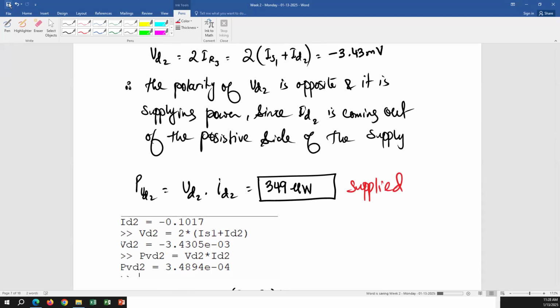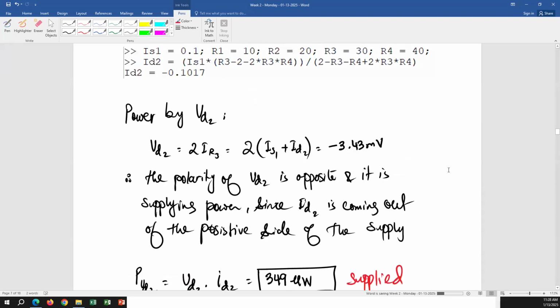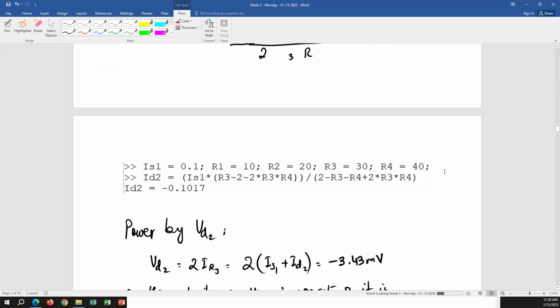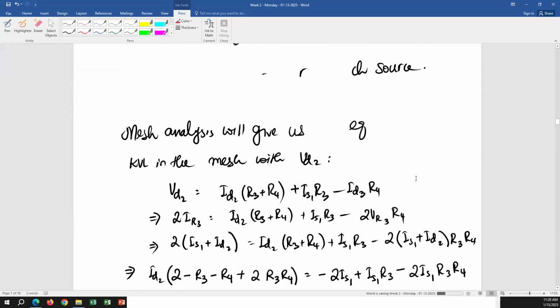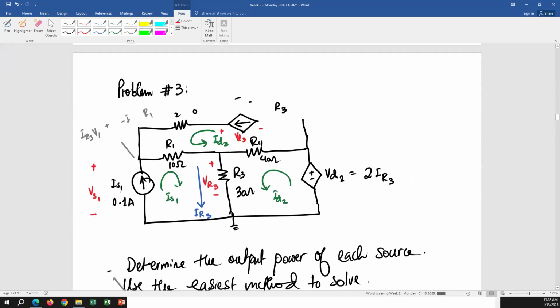All right, guys, any questions that you may have? This is not a straightforward problem, I would say. A little complicated. If the problem is just to find ID2, then it's pretty straightforward.